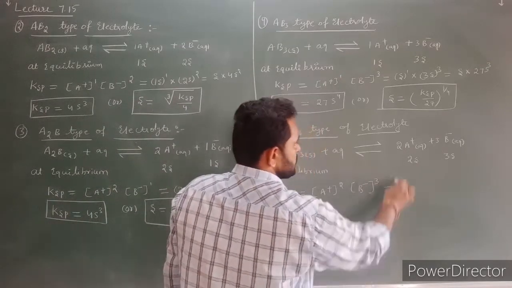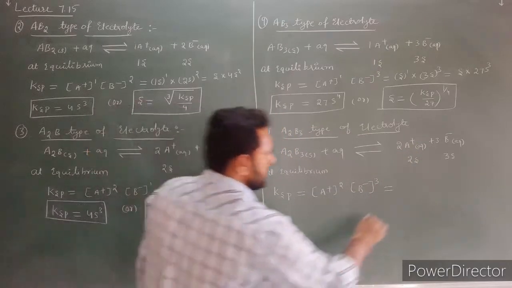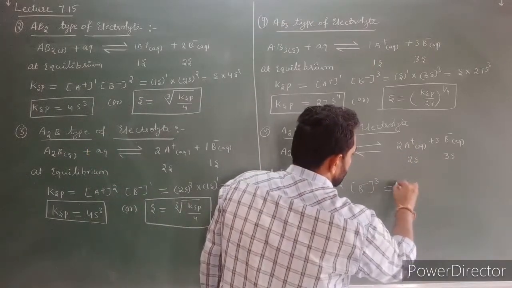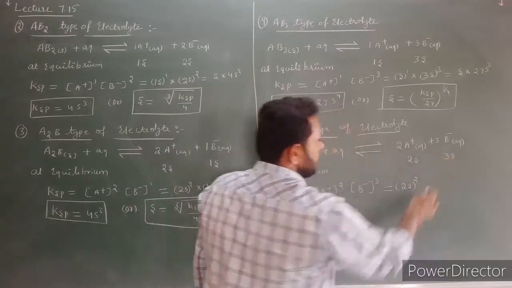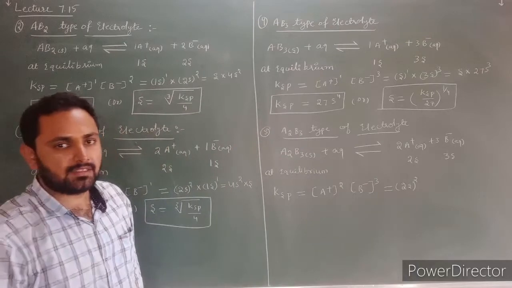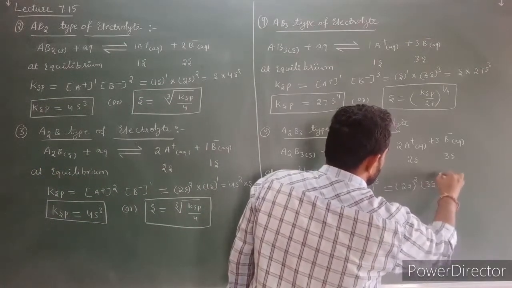Next, here the solubility of 2 moles of A plus ion is equal to 2s square, because here there is 2 power 2. Next, into the solubility of 3 moles of B minus ion is equal to 3s, so 3s whole power 3.